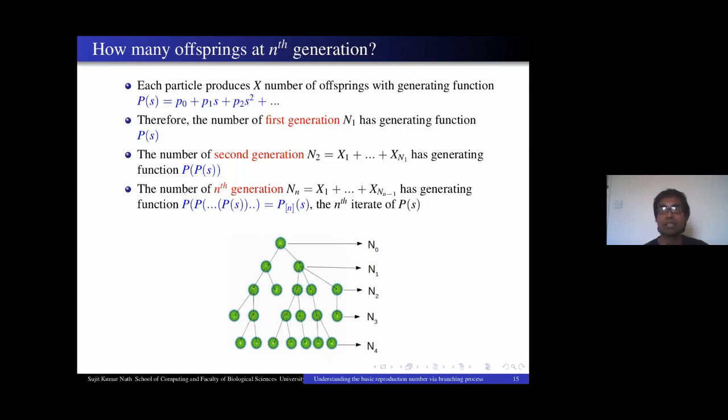If I ask what is the probability that there will be only one particle after the nth generation, then as you have the generating function for the nth generation, if you just Taylor series expand it and take the coefficient of s, that gives the probability of getting only one particle at the nth generation. So we now have much more hold on this process, because we can calculate the size of any generation.